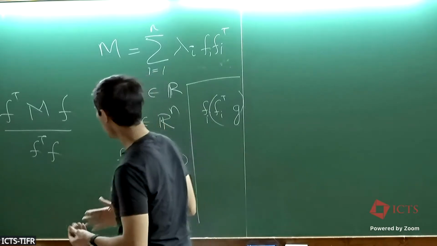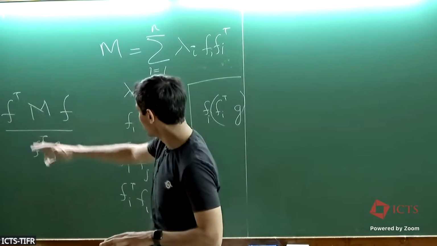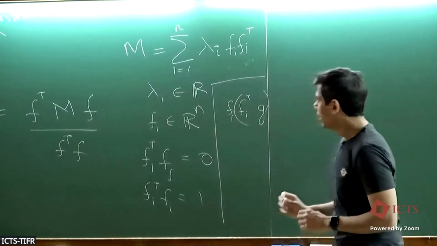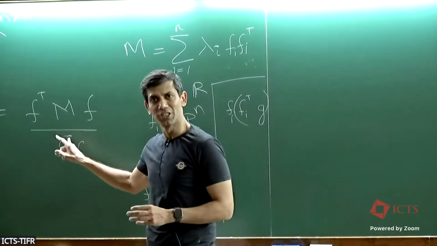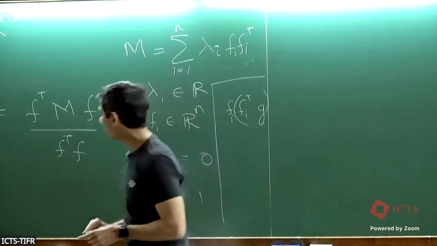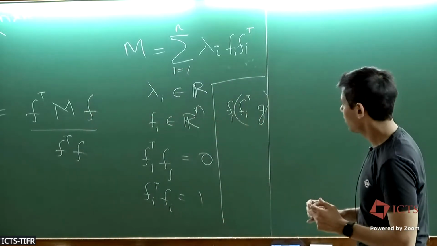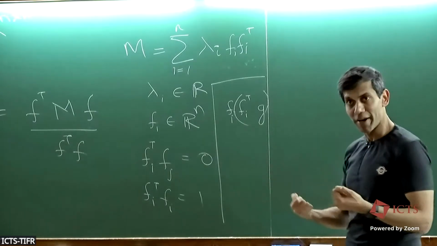You can also define the eigenvalues precisely in terms of these Rayleigh quotients. But before we go there, let me say that I've been writing dot products in terms of this transpose. More generally, this also works when you have some other notion of what I'll now call an inner product between vectors.